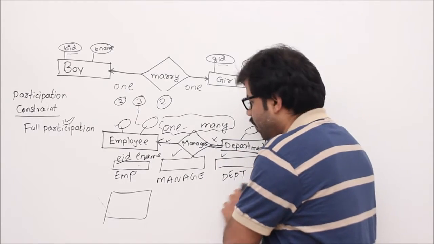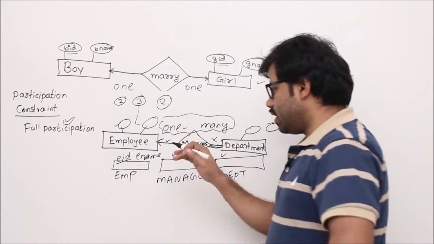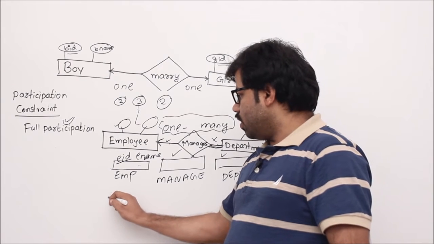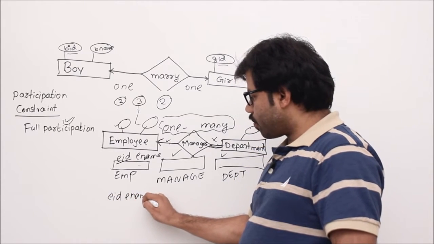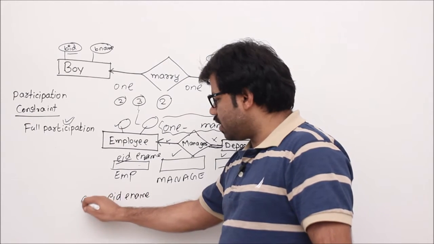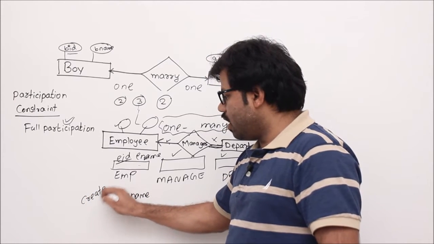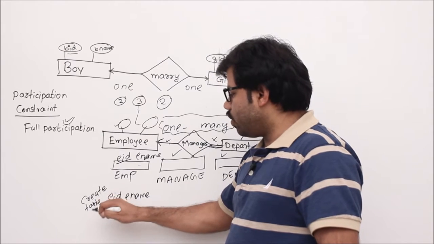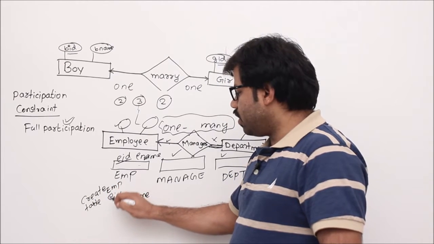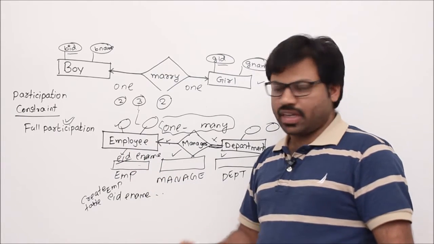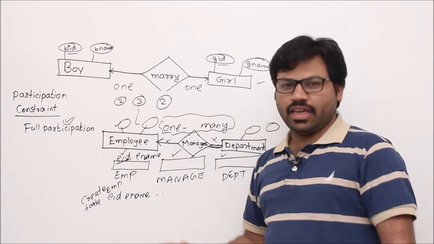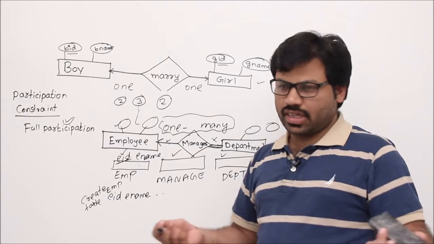That foreign key I will show you. Take this example. You have the employee table. We create the employee table like this, employee ID, employee name. Create table is a lengthy process, that's why I'm not writing it, but you should understand that we are going to create table employee with this employee ID and employee name, and remember we make employee ID the primary key because that is mentioned in the ER diagram, and employee name is a string.